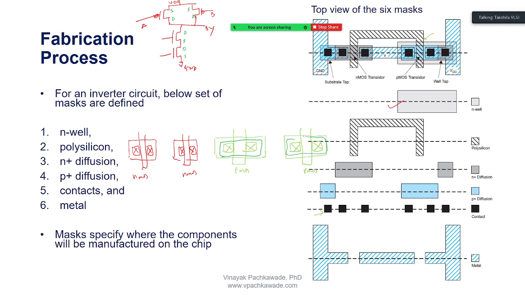So don't get confused. Red color is for the N plus diffusion, P plus diffusion is with the dark green, N well is with the light green, and polysilicon gate maybe we draw with black color, just to identify and differentiate between these, so don't get confused with that.